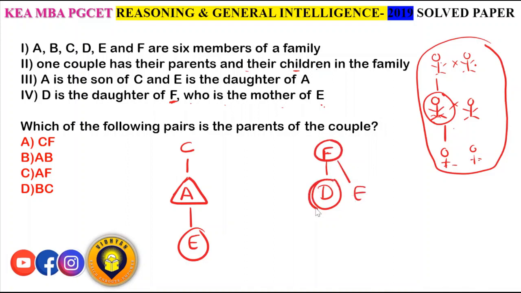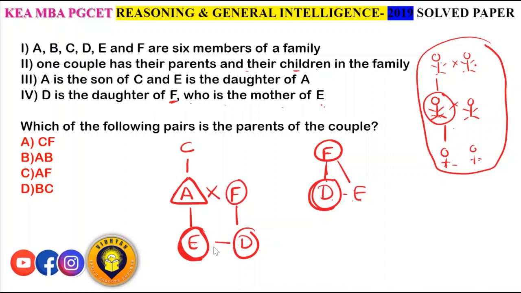See, D is the daughter of F and F is the mother of E. That means D and E are siblings. Already here you know that gender of E is female. So here you can link these things. E's sister is D. And D's mother is F. So A and F become couples, right?